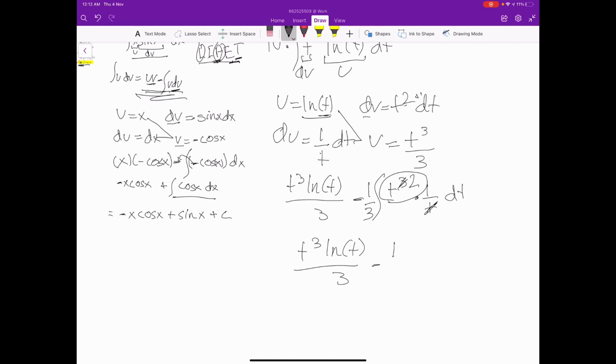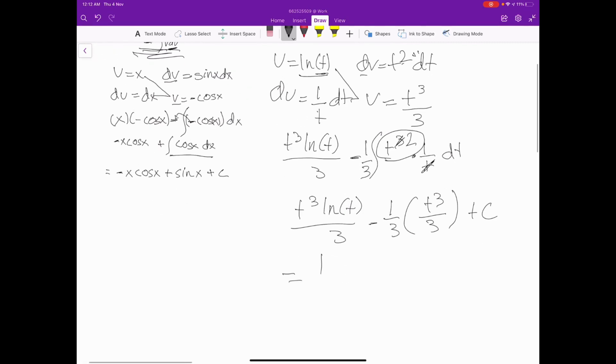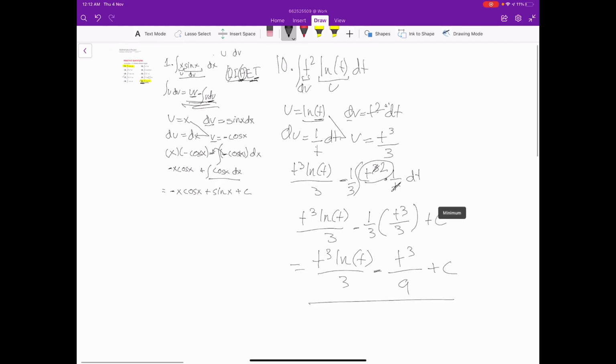We will do 1 over 3 times t to the power 3 all over 3. Never forget the plus c. There is further simplification, which is t to the power 3 ln t all over 3, minus t to the power 3 over 3 times 3, which is 9, plus c. This is your final solution.